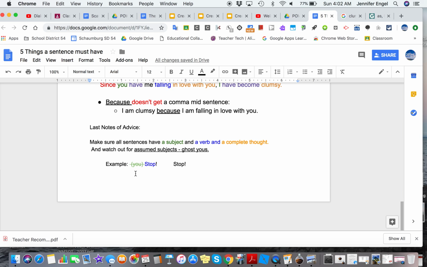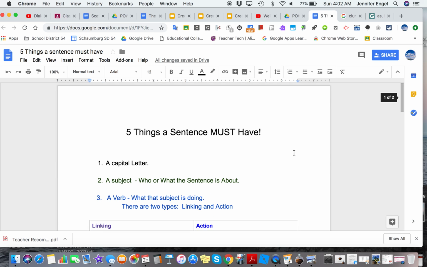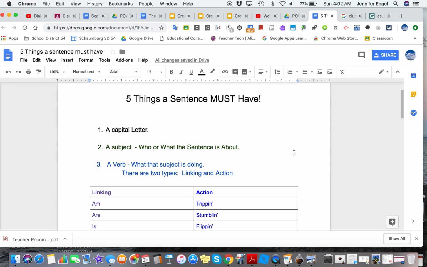So when you assume it, you have a subject, you have a verb, you have a capital letter. It is a complete thought. You know exactly what to do. Stop. And it has a punctuation. So this is actually a complete sentence. All right. So just a quick recap. When you check your grammar today, make sure it has a capital letter. Make sure it has a subject.